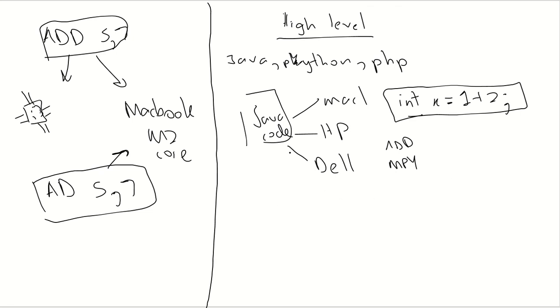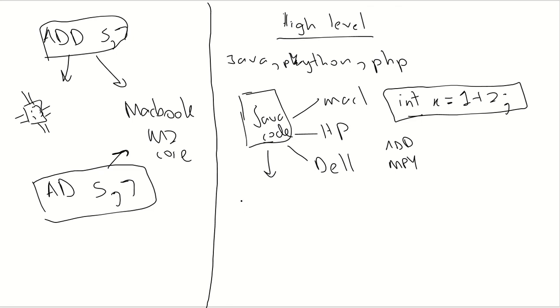So how do you think this Java code or high level language code will be turned into a language that can be understood by the machine? Because the machine can't really understand Java code. Just like assembly language, it has to be turned into something the machine can understand.